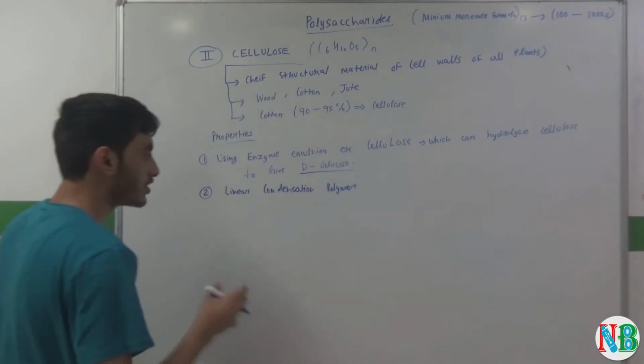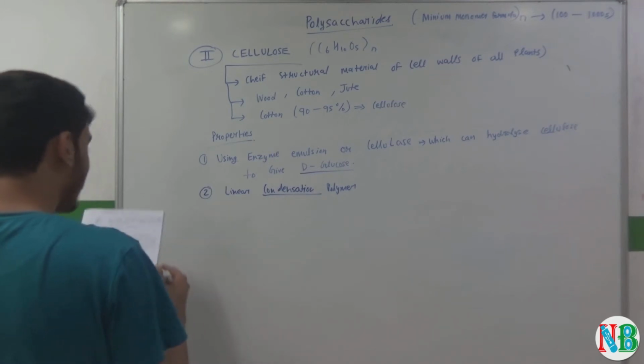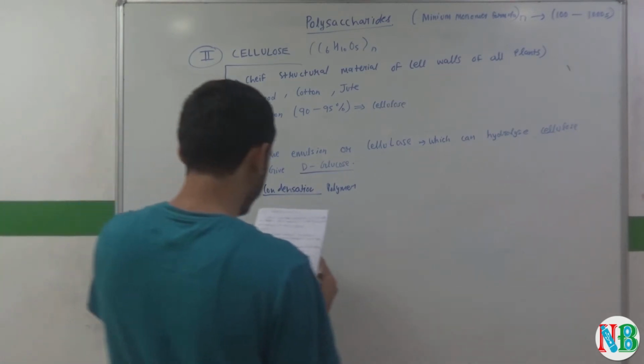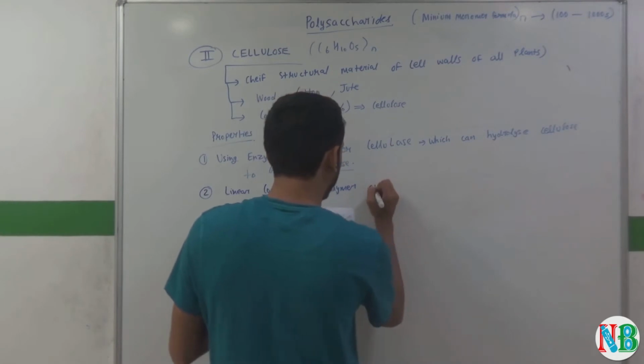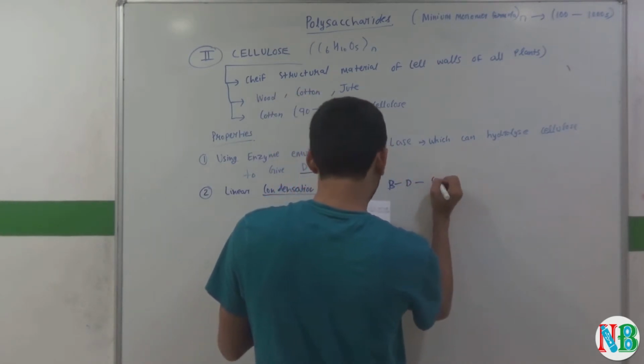When H2O is removed, this process is known as condensation. So it is a linear polymer of beta D glucose.